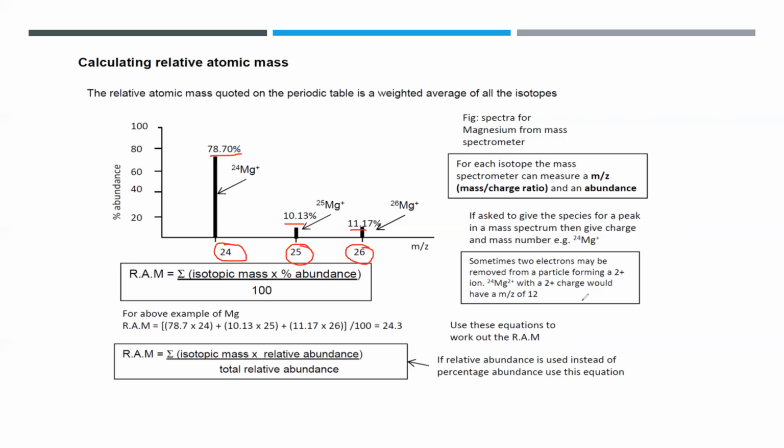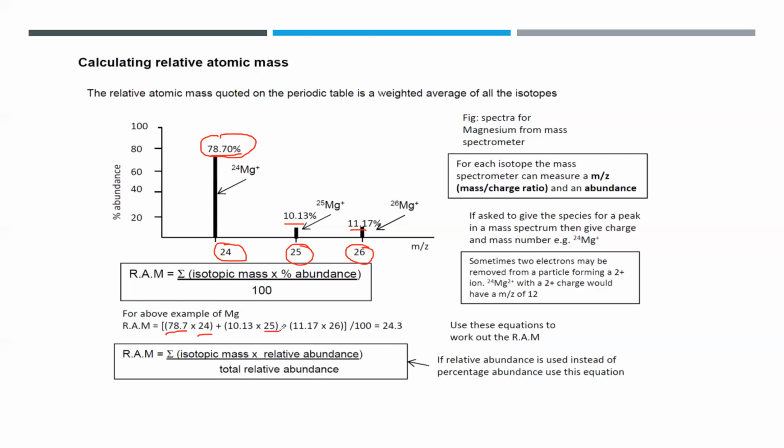the relative atomic mass by using the isotopes? The formula to calculate the relative atomic mass: percentage abundance multiplied by its mass. So what is the mass? First it is 24, so we write 24. And what is the percentage? 78.7. What about the second one?